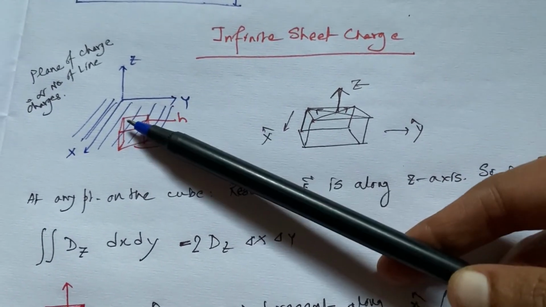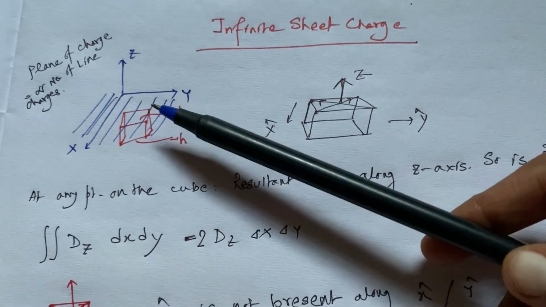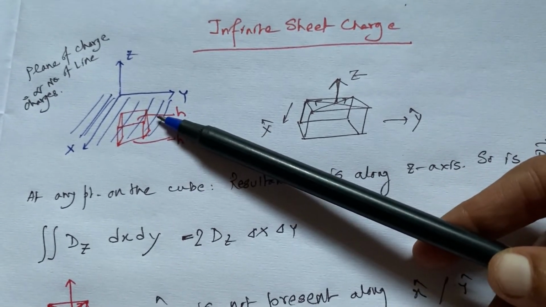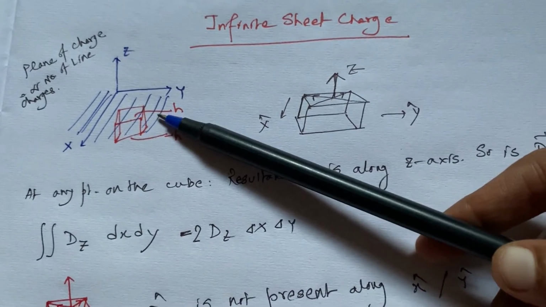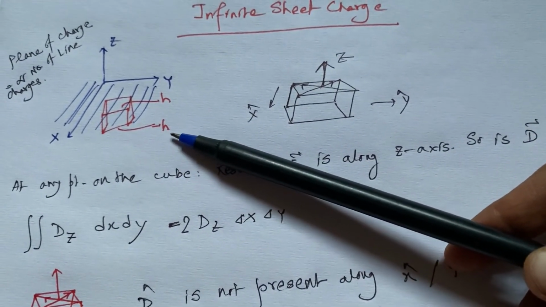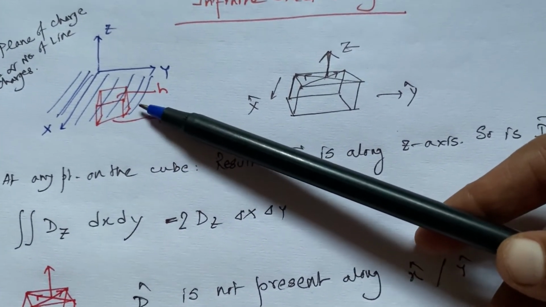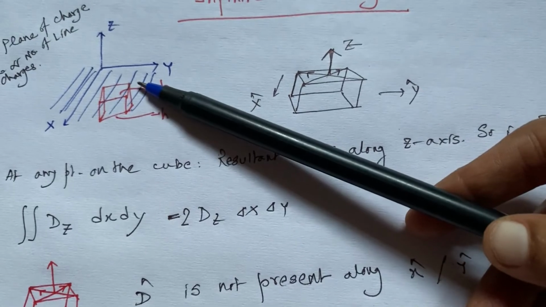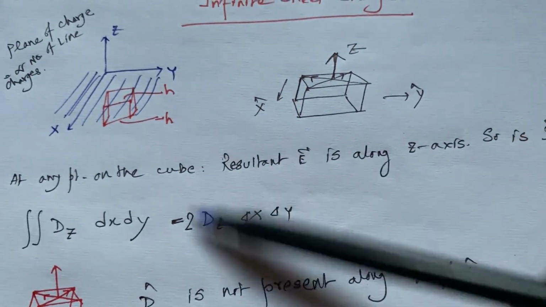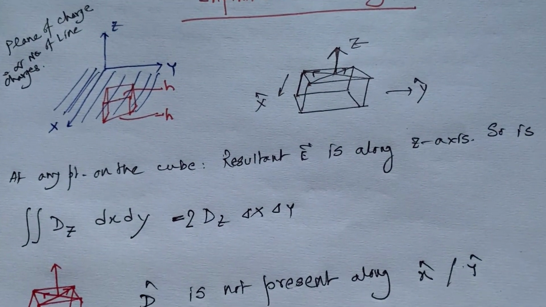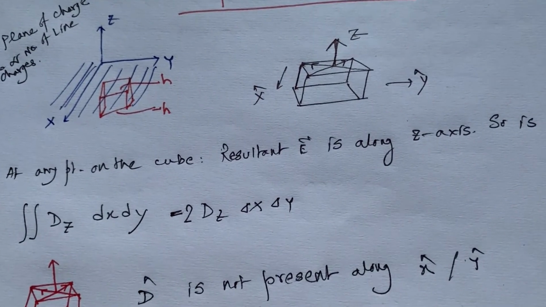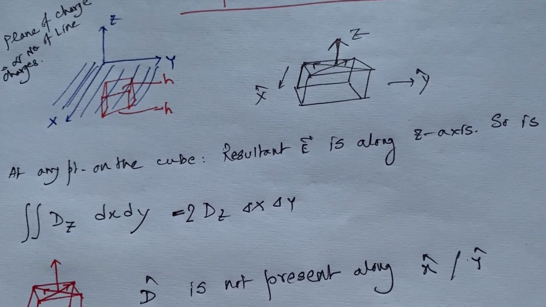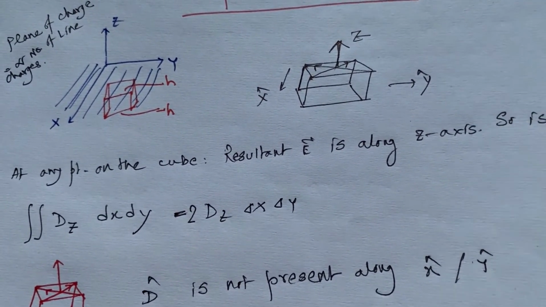This is the xy plane. Now this infinite sheet of charge can be thought of as made of an infinite number of line charges lying side by side, all distributed up to infinity.